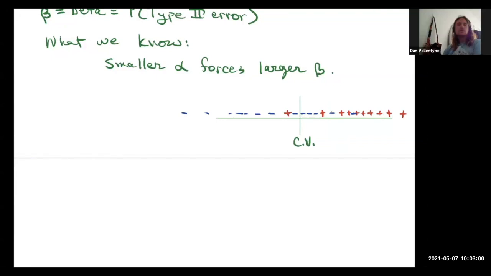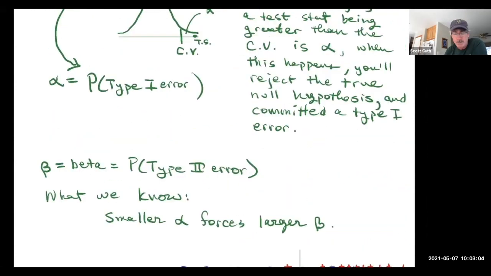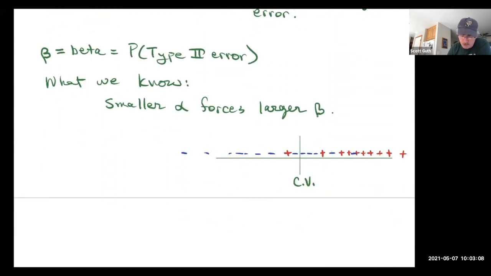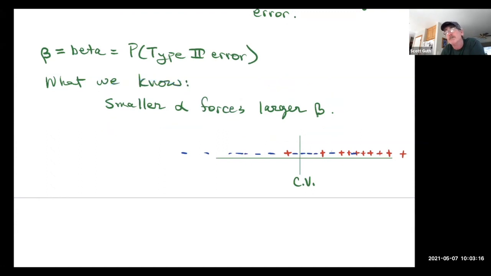So reducing the probability of one mistake, that's like having a smaller alpha, forces the probability of the other mistake to get bigger. So it's a real trade-off. You have to decide what's worse.